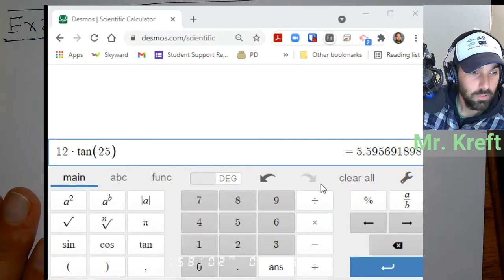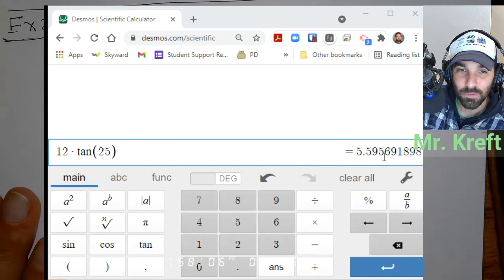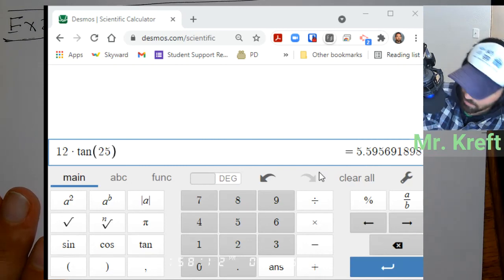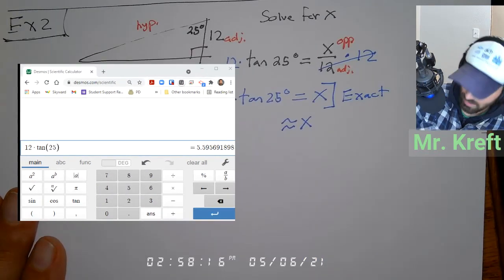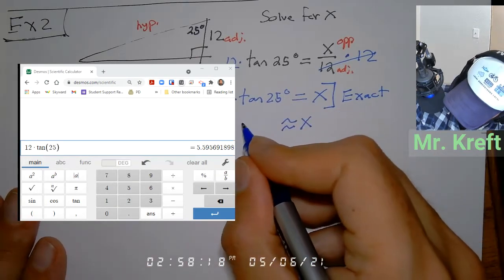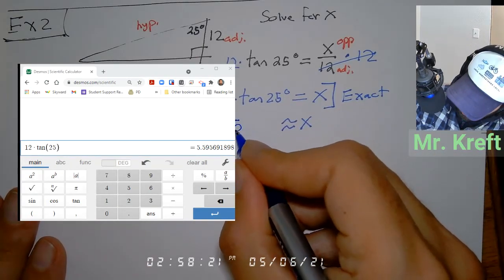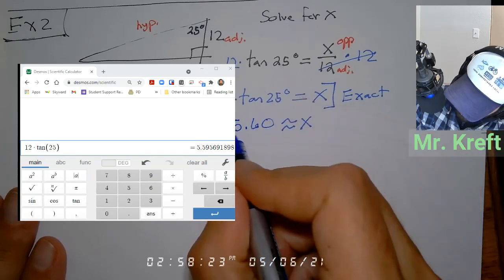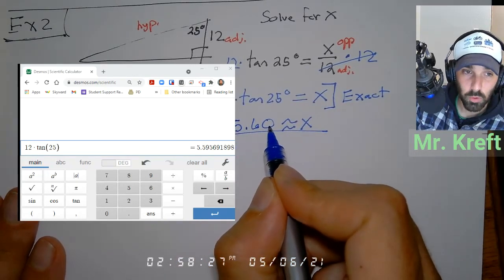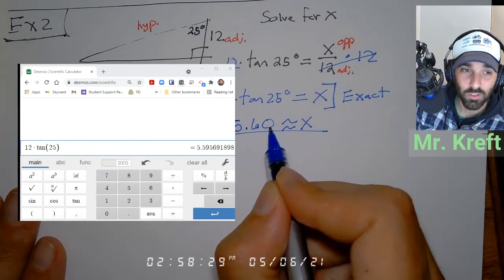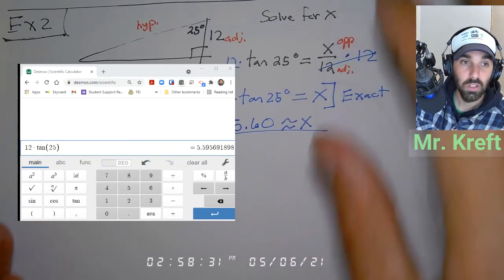If I go to the second decimal, it's a 9, but the one to the right is a 5. So I have to round that 9 up. But what does 9 become? 10. So I really round up that 5. So what I'm going to write here is 5.60. It's important that I include that second decimal because that's where I rounded to.